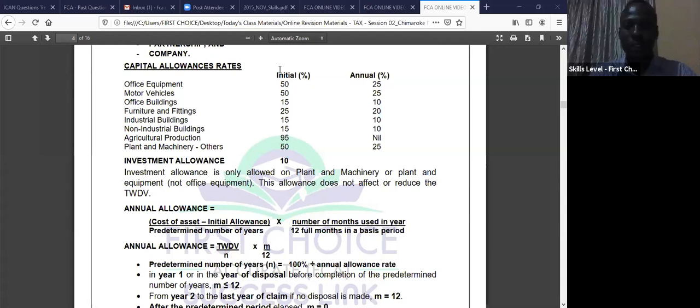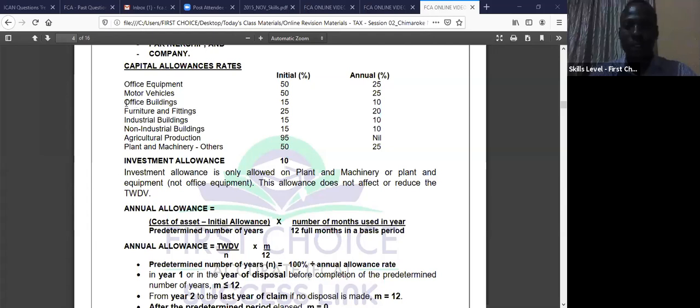We were given this rate. These were the capital allowance rates we were given. And so factory and buildings. Where is the buildings here?